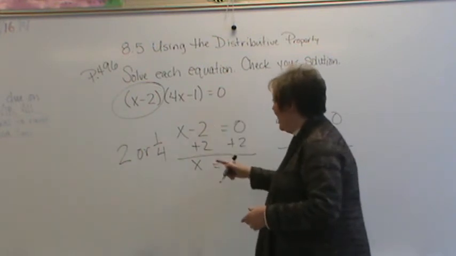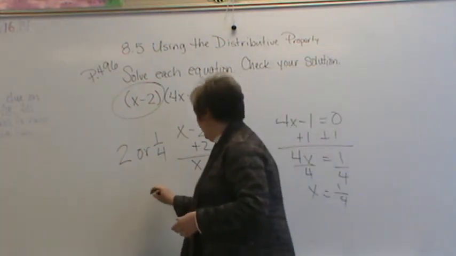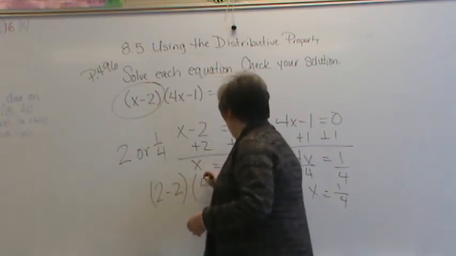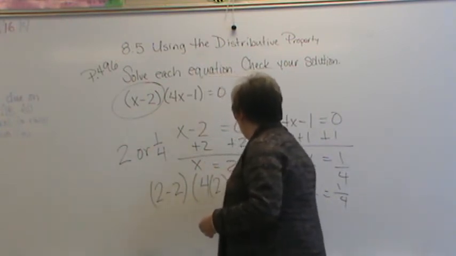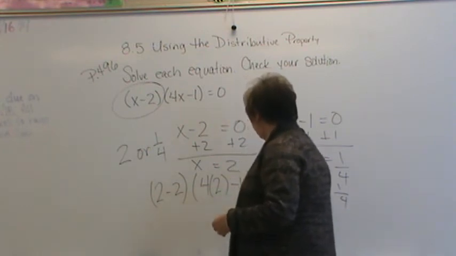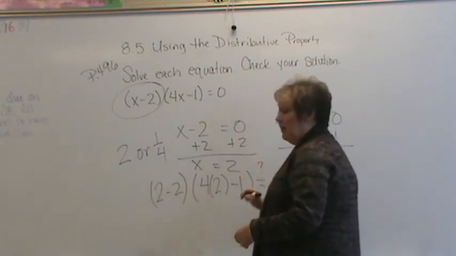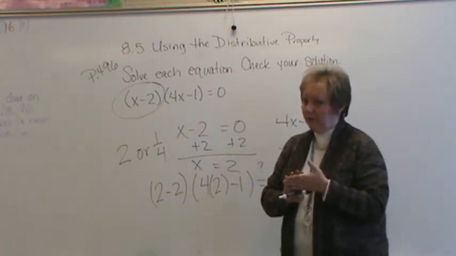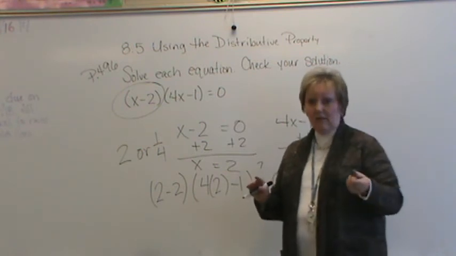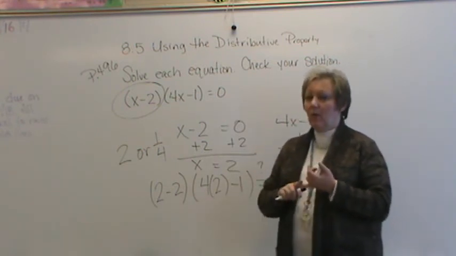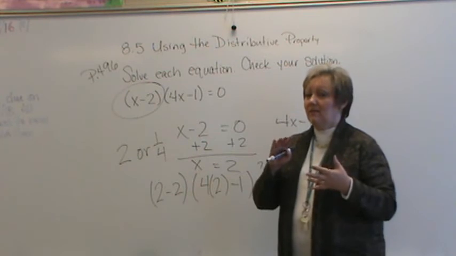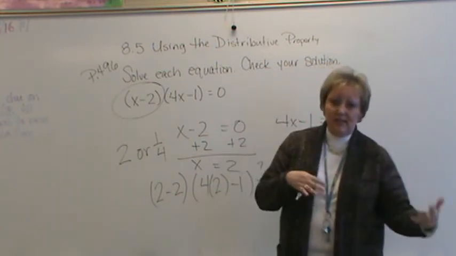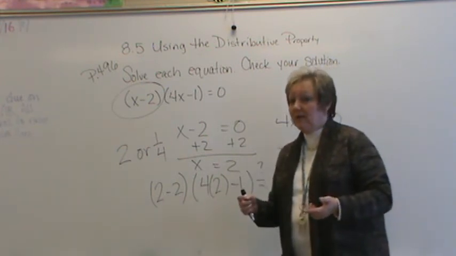When I replace x with 2, I have 2 minus 2, times 4 times 2 minus 1. Does that equal 0? Look back at that zero product property that I gave you at the beginning of the video. It says that if you've got the product of two numbers and the answer is 0, one of the factors must be 0.